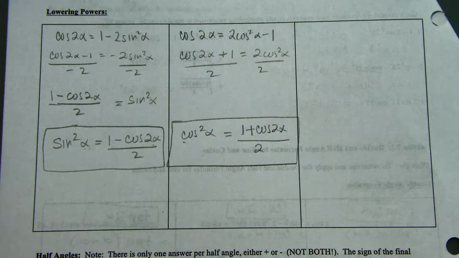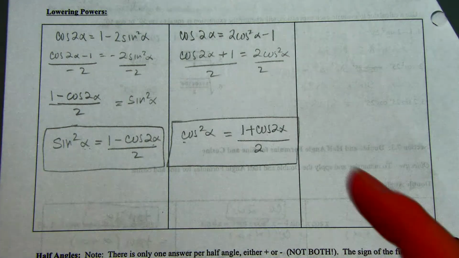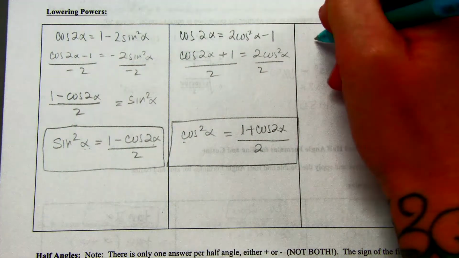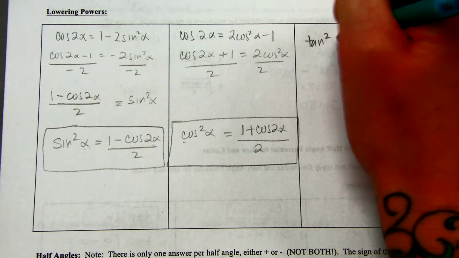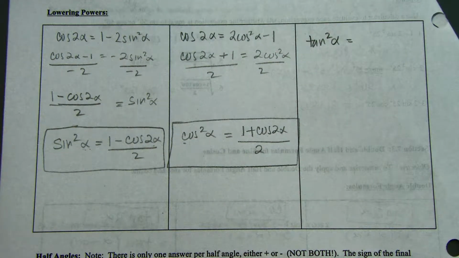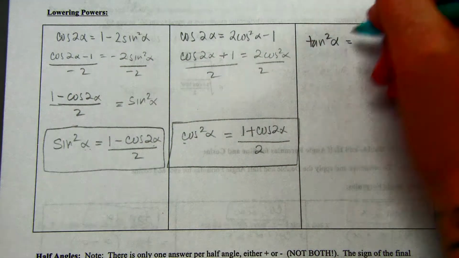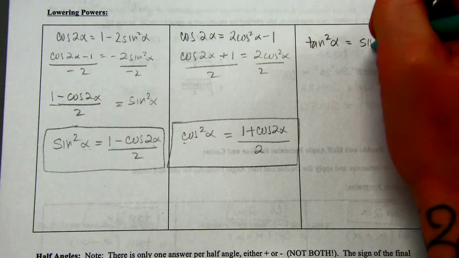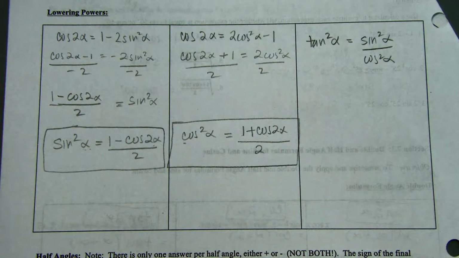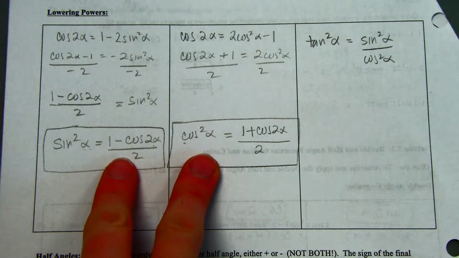Okay, so the last one is the tangent. For tangent squared alpha, you just go straight from the relationship of sine and cosine. Tangent squared I can write as sine squared alpha over cosine squared alpha. Then I can just use the two formulas we derived already for lowering the powers.